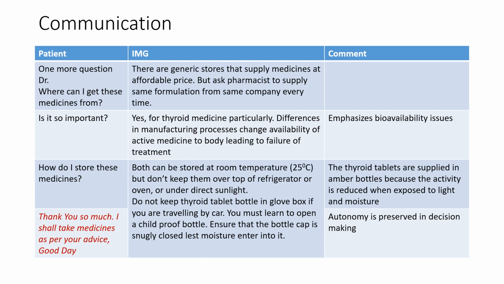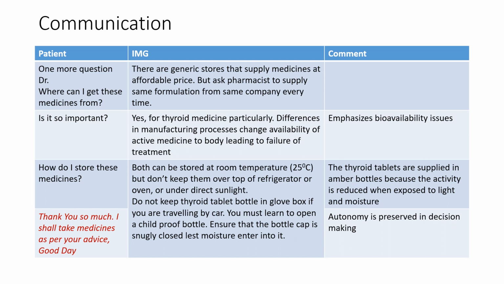Is it so important? Yes. Thyroid medicines, particularly differences in manufacturing processes, change availability of the active medicine to the body, leading to failure of treatment. How do I store these medicines? Both can be stored at room temperature, but don't keep them over the top of the refrigerator or oven or under direct sunlight.